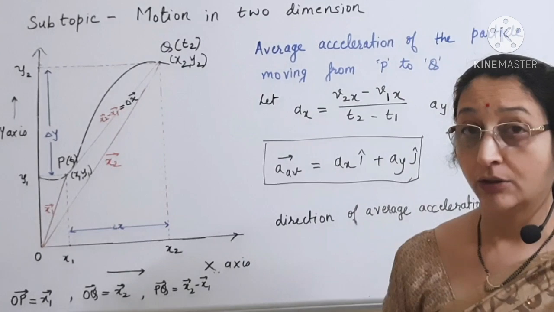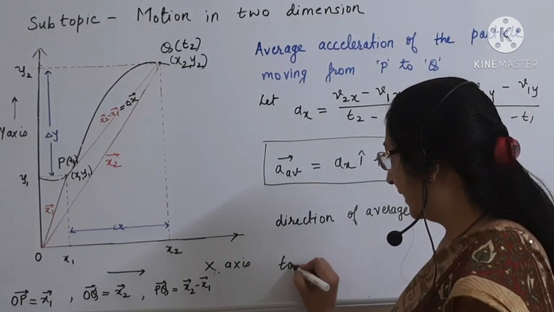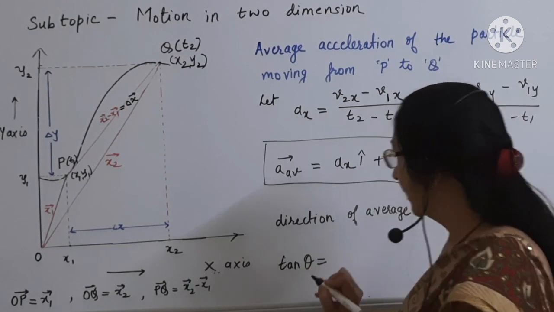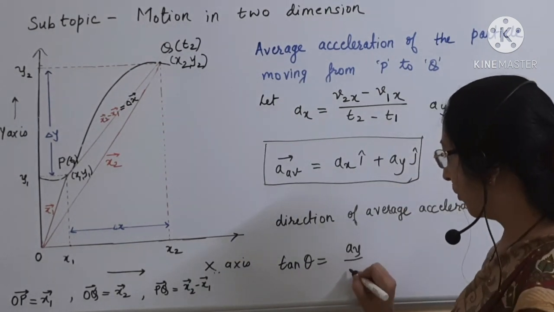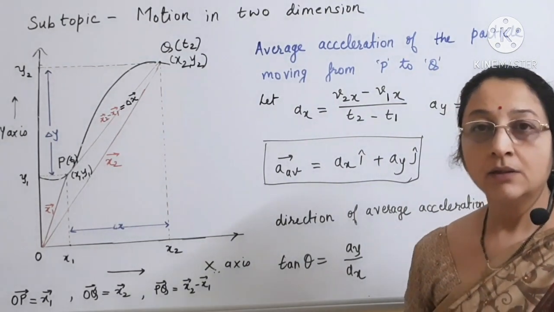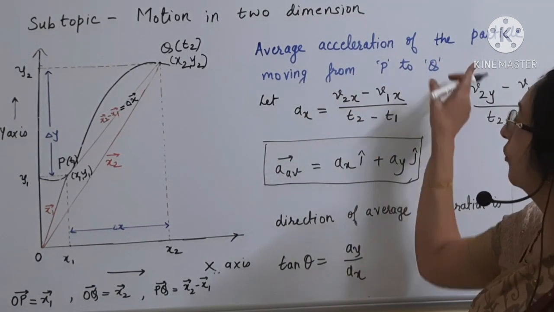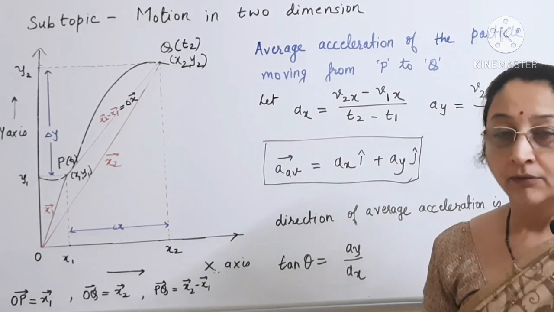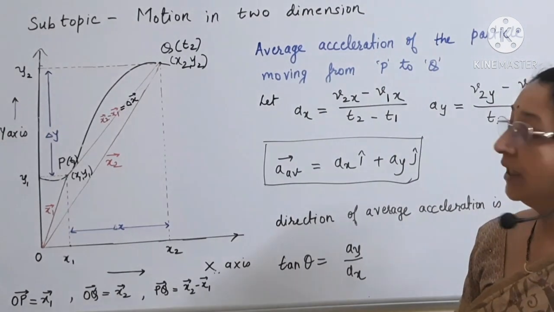The direction of the average acceleration will be given by tan of theta is equal to ay upon ax. So in this way, we have found out the average acceleration of the particle, which is moving in 2 dimension in a plane from P to Q.